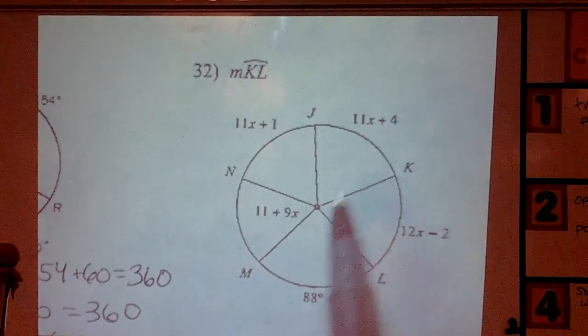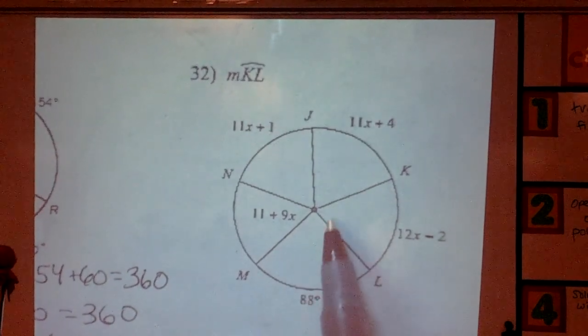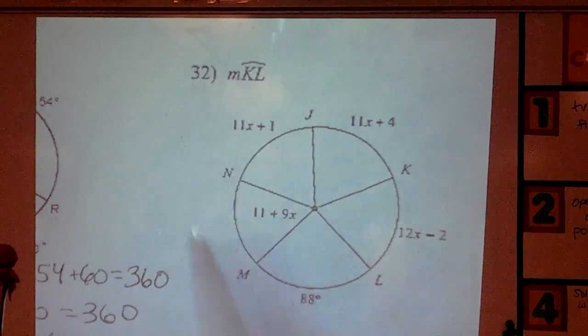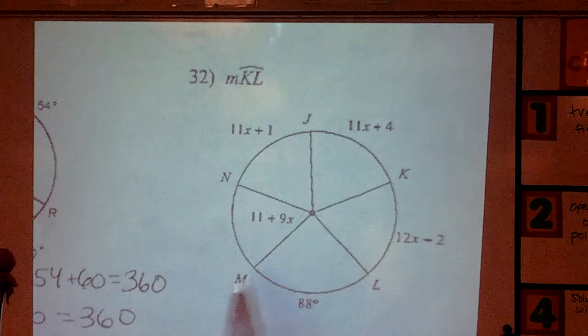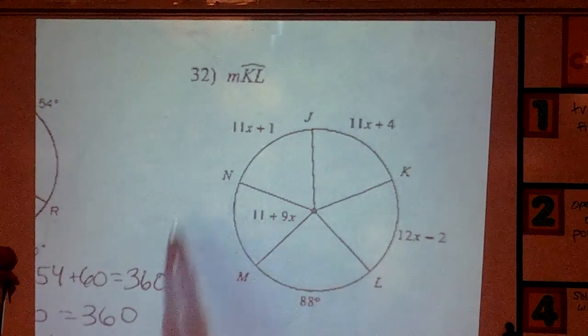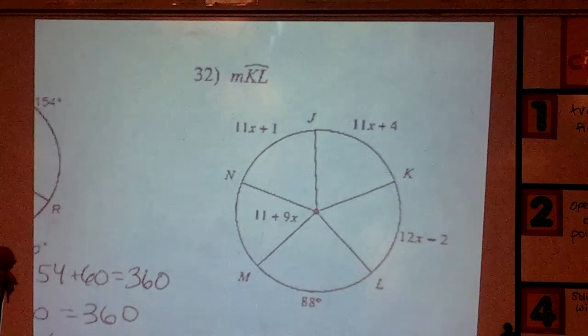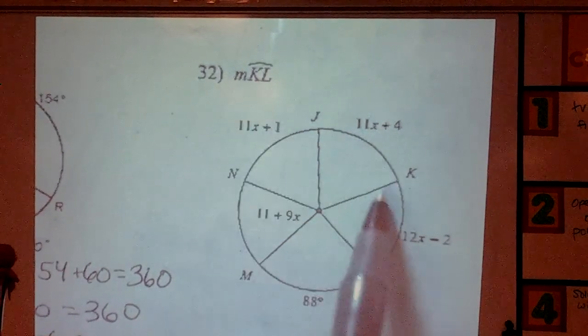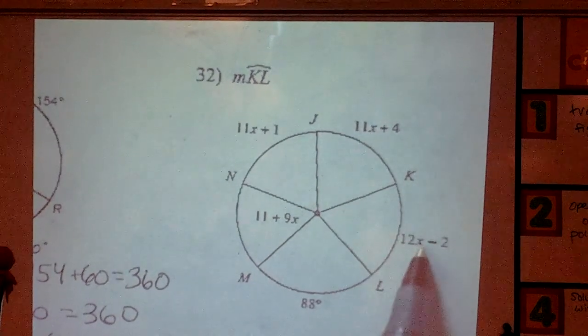Looking at this problem, I notice I have this angle, this one, this one, this one. Hey, they gave me all of the information, so what can I do with all that? I can add it all together and make it equal 360. It's wanting me to find KL, which is going to involve me finding x.